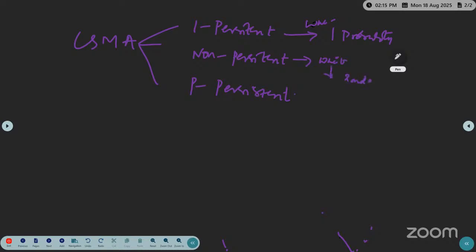In P-persistent, we need to wait 1 minus p probability of time.